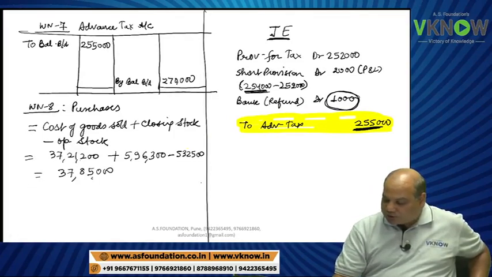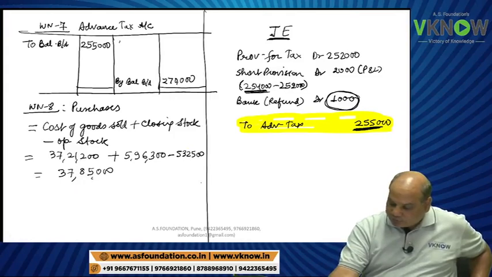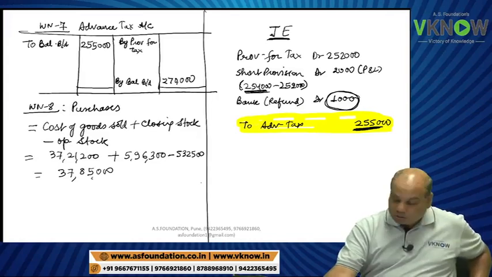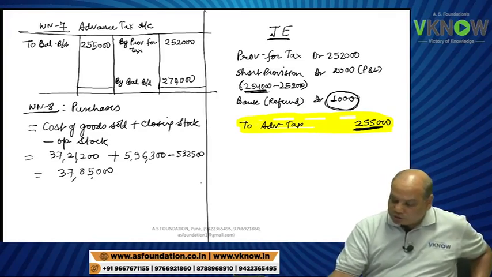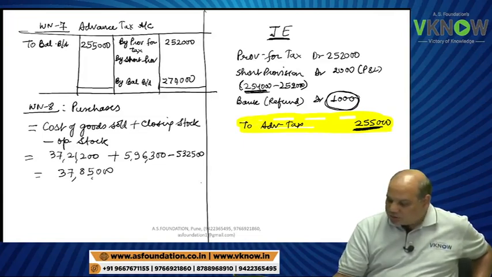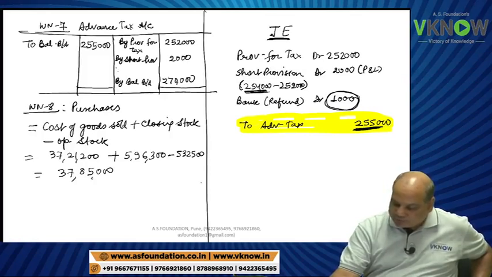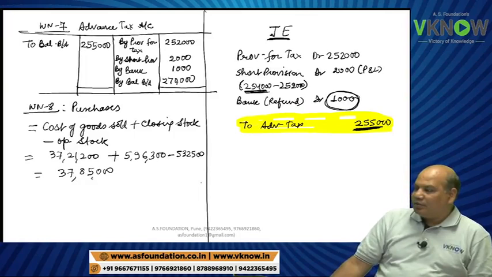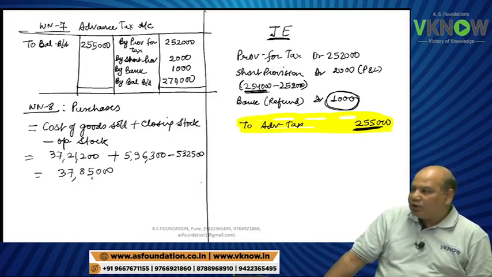So come to advance tax account credit side: by provision for tax 2,52,000, by short provision 2,000, and by bank 1,000.